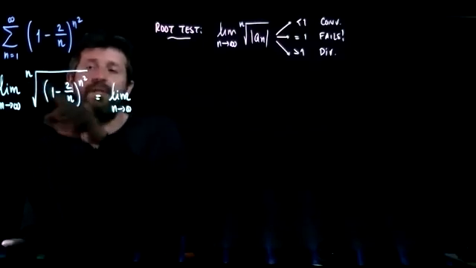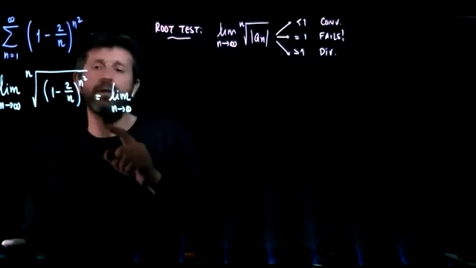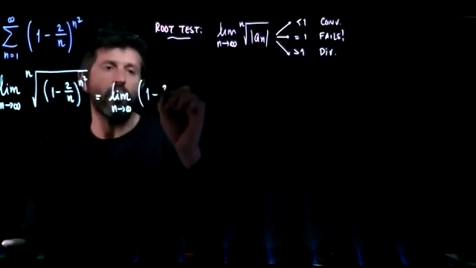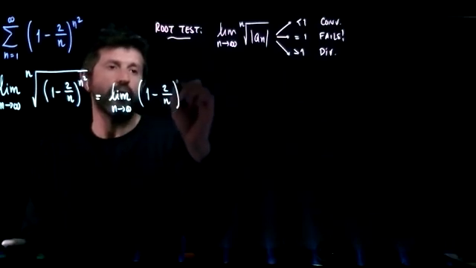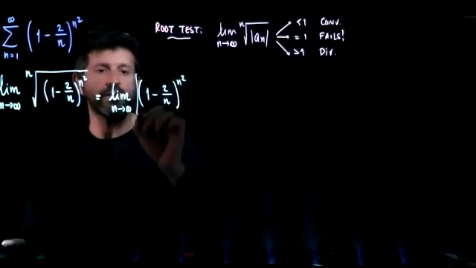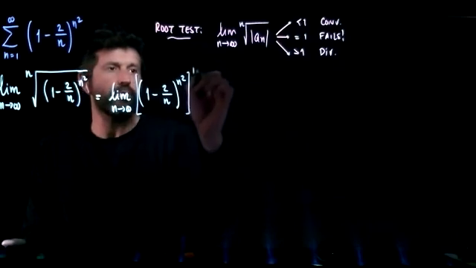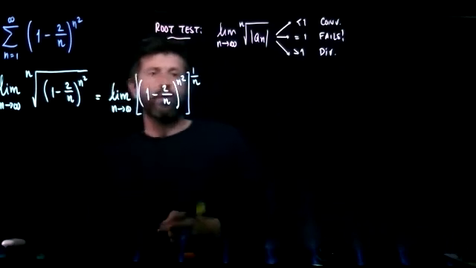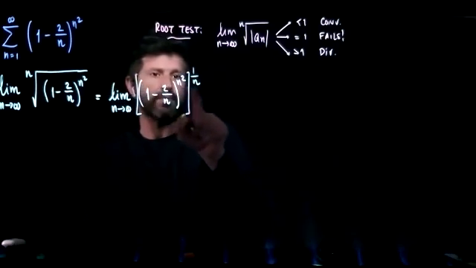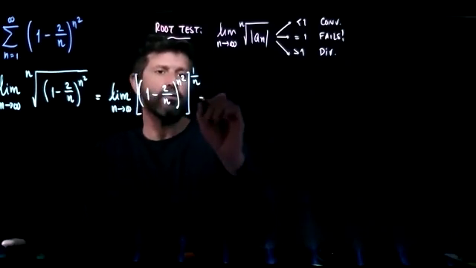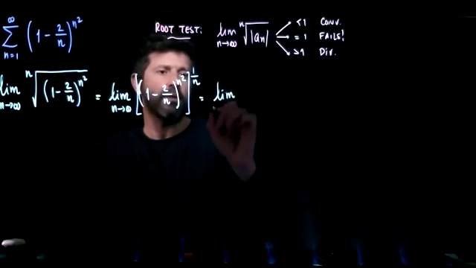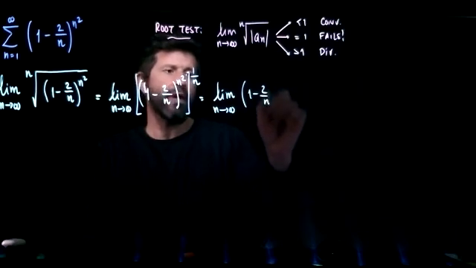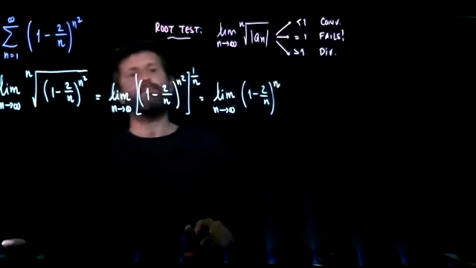The nth root means power 1 over n. So I'll just do it: 1 minus 2 over n to the power n squared, all this to the power of 1 over n. Therefore now we can multiply the exponents, so it's just n. So it becomes the limit as n approaches infinity of 1 minus 2 over n to the power of n.